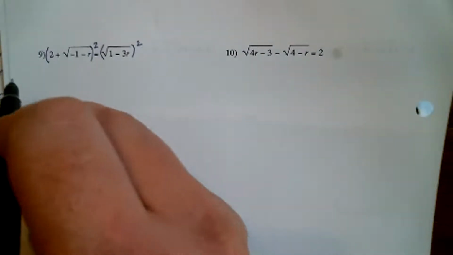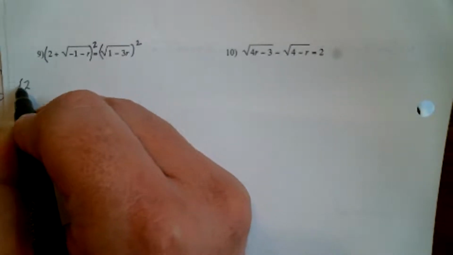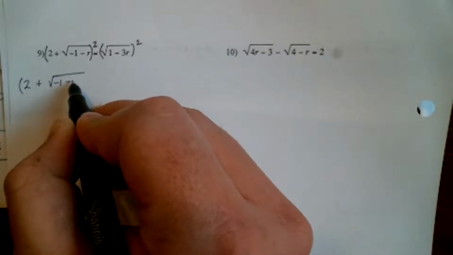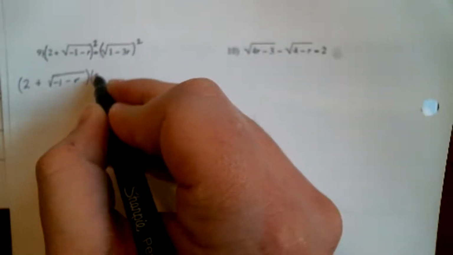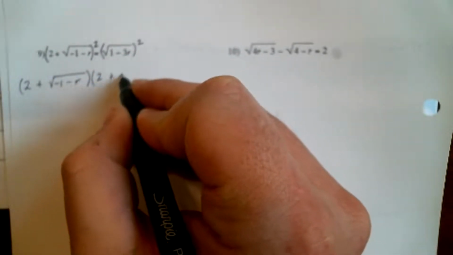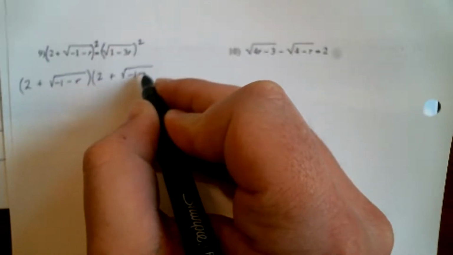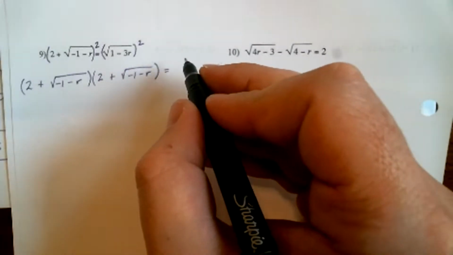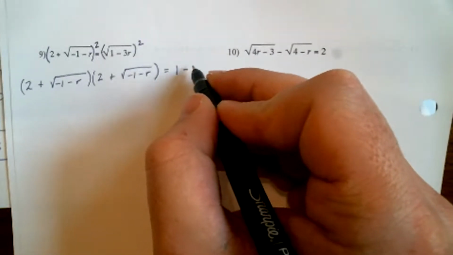So it should look something like this. 2 plus radical -1 minus r. And I would write it out like this just so you can make sure you multiply correctly. -1 minus r is equal to 1 minus 3r.